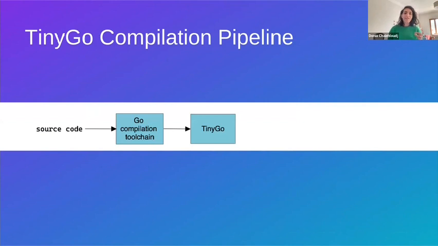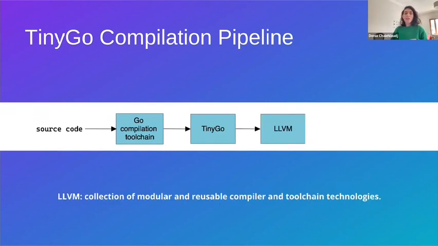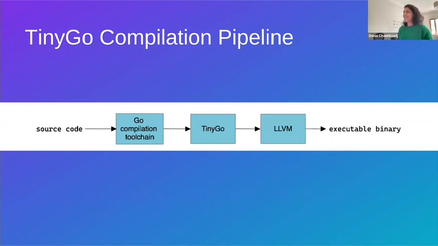Then we have TinyGo, the layer that does the optimization at compile time. And then we are using LLVM, which is just a framework, a toolchain technology to build compilers, like to create compilers. It's used, for example, in C thanks to Clang. And at the end, what we want is an executable binary that we can actually run somewhere.